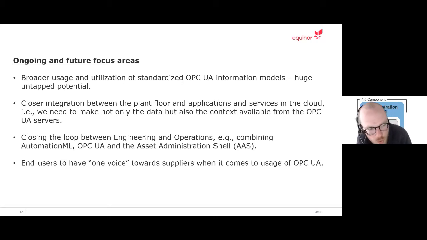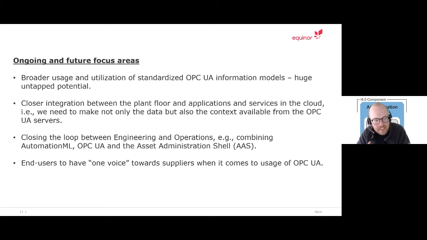And we are also looking into closing the loop between engineering and operations to ensure that all the models and knowledge built in the engineering phase can be reused and utilized in the operations phase. And this is about combining, because OPC UA is not the answer to everything.